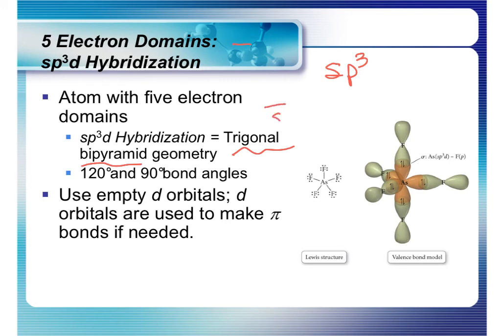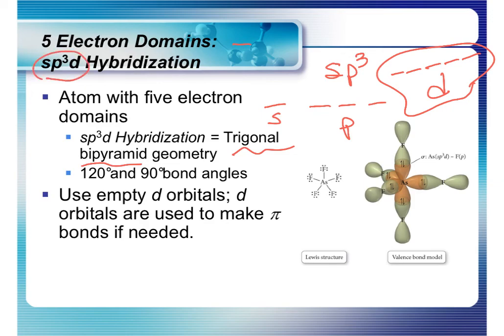The s sublevel has 1 orbital, the p sublevel has 3. What do we do when we've used those up but we still need more domains? Those are for the atoms that expand their octet. That's when we go to the d sublevel, which we know has 5 orbitals in it. And so 5 electron domains are going to be sp3d.